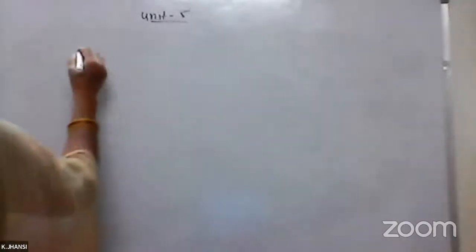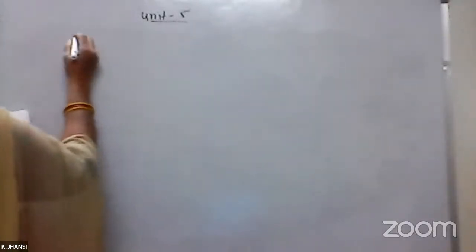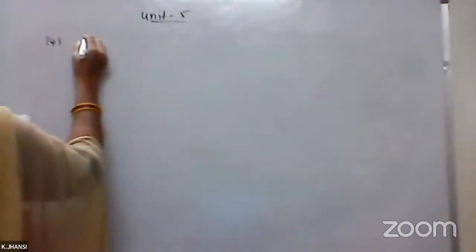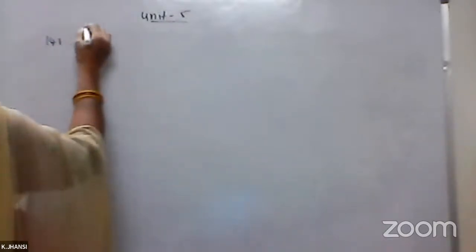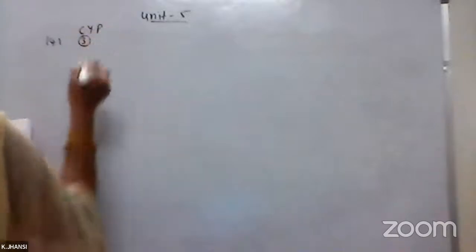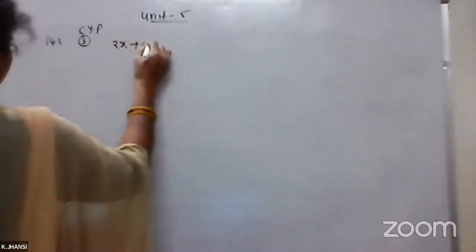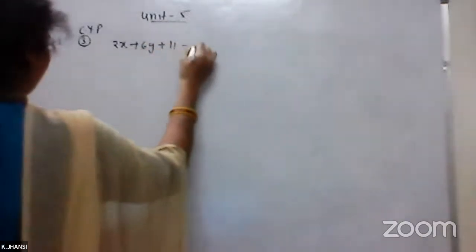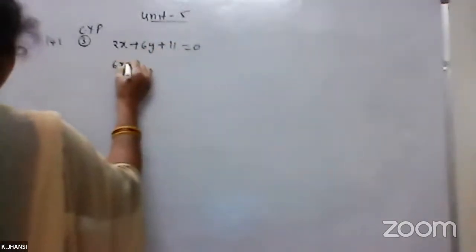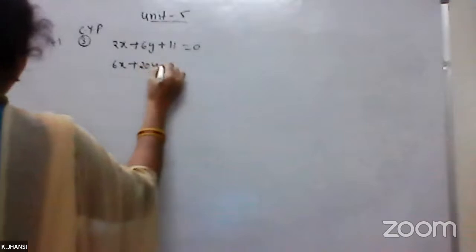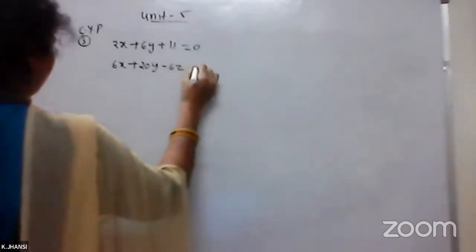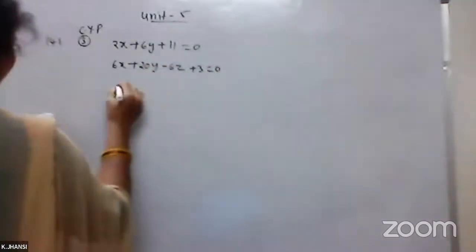So this is page number 141, third problem, check your progress. Okay, so 2x plus 6y plus 11 equals 0. 6x plus 20y minus 6z plus 3 equals 0.